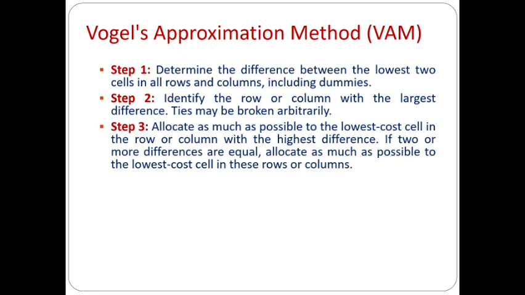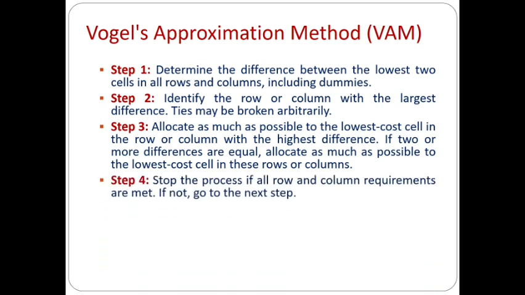Then allocate as much as possible to the lowest cost cell in the particular row or column which is having the highest difference. If 2 or more differences are equal, allocate as much as possible to the lowest cost in these rows or columns. Then stop the process if all row and column requirements are met. If not, go to the next step.